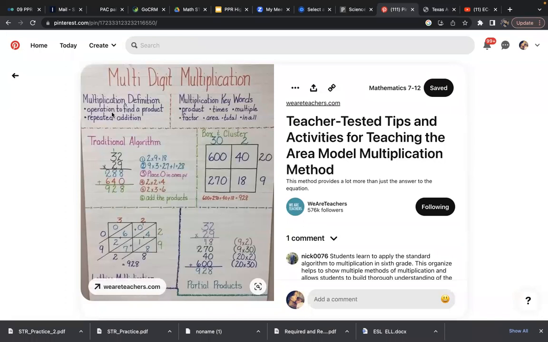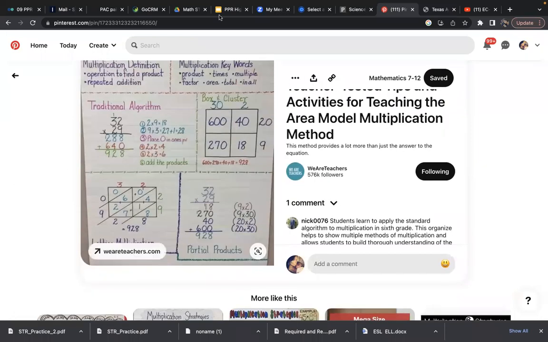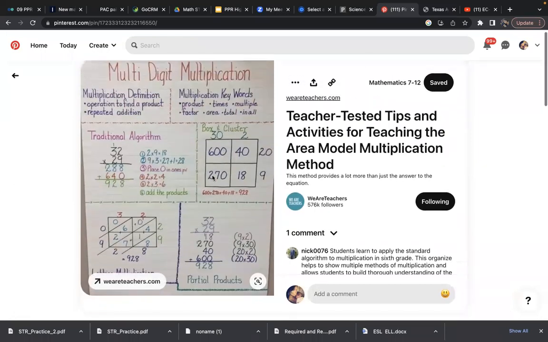Multiple factor, multiplication definition here: operation to find a product. Repeated addition is multiplication, we know that. So a factor, area, total in all, and here you have the area, the box cluster for 728.